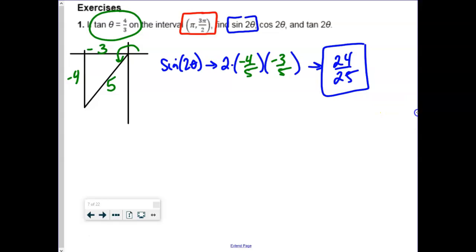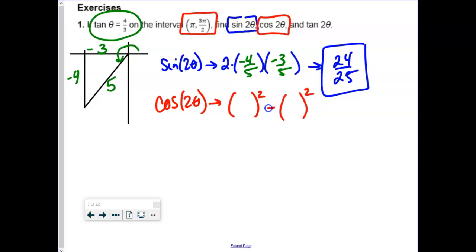Now, they want me to find the cosine of 2 theta. So I leave it up to you guys. Which formula do you want to use? Because there's 3 of them. The first one is cosine squared minus sine squared. Do you like that one? Okay, me too. It has to go in that order, so be careful. The cosine ratio for this original triangle was negative 3 over 5. It's going to be squared.